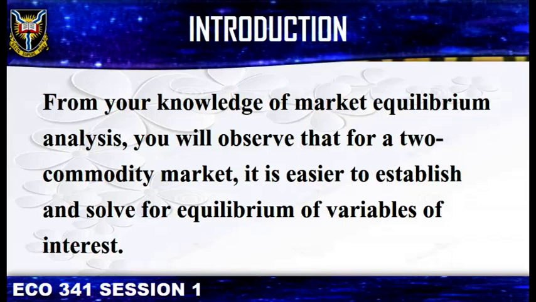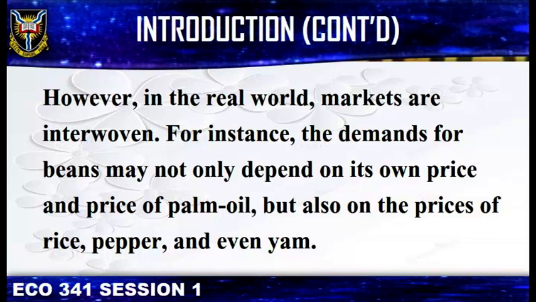From your knowledge of market equilibrium analysis, you will notice that for a two-commodity market, it is relatively easy to establish and solve for equilibrium of variables of interest. However, in the real world, markets are interwoven.